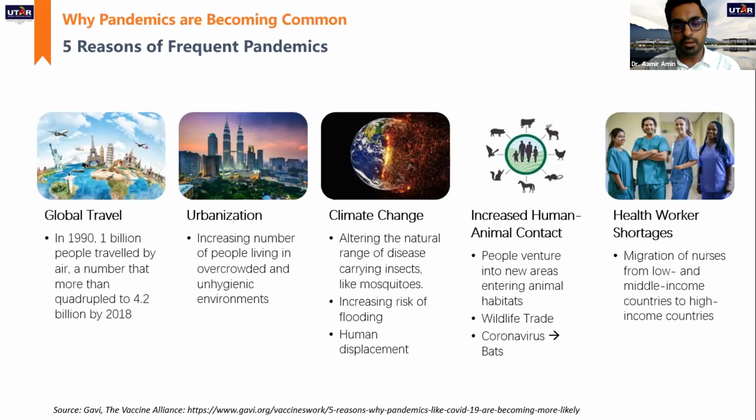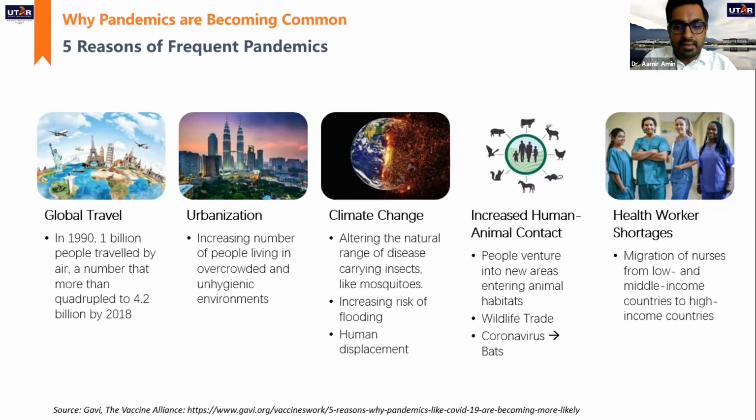And one of the most important reasons is that we human beings are entering the animal habitats where animals were living earlier. So again, because of the increased human and animal contact, a lot of diseases based on this contact are becoming more frequent. For example, we know that the coronavirus originated in bats. This is one of the famous theories about it.